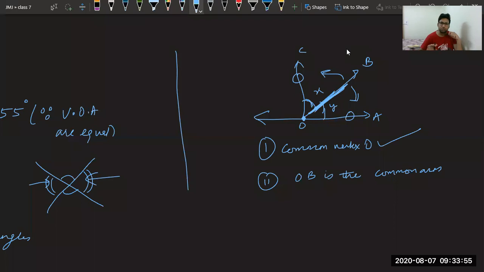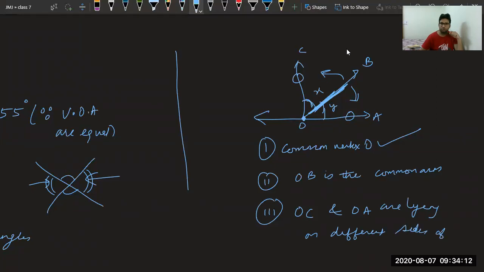Try to think before the question and then try to solve. So Kritika, you can see in this case, the arms OC and OA are lying on different sides of OB, therefore they are adjacent angles.